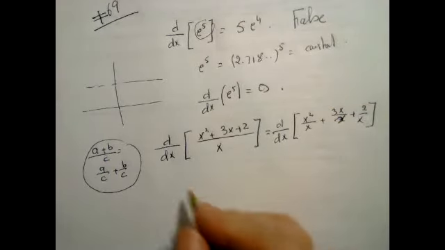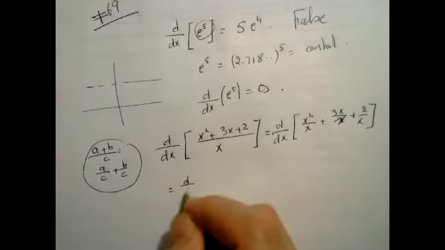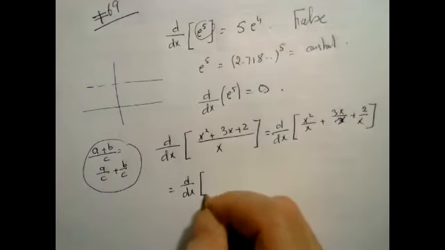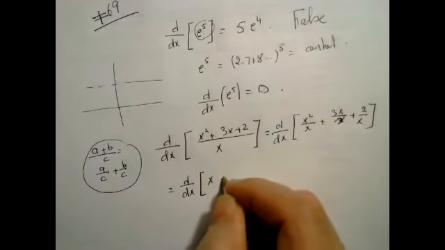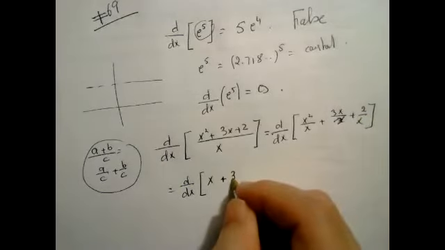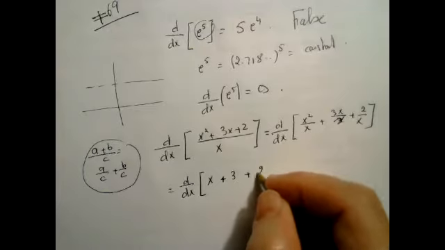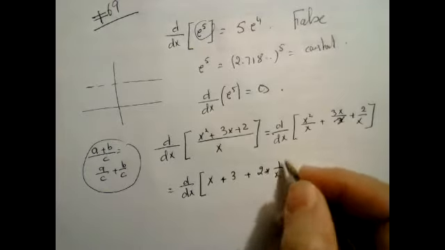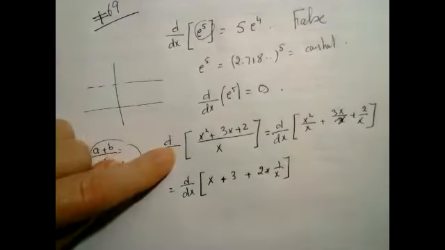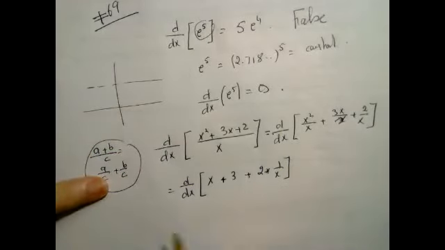That's another way to do the problem. If we simplify this a bit, we get x plus 3x over x is a 3, plus 2 over x. But we know that this is 2 times 1 over x. And this is actually much simpler than using the quotient rule.